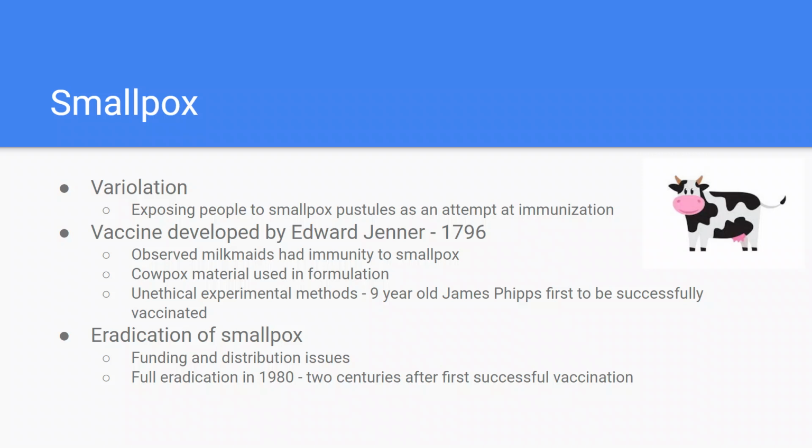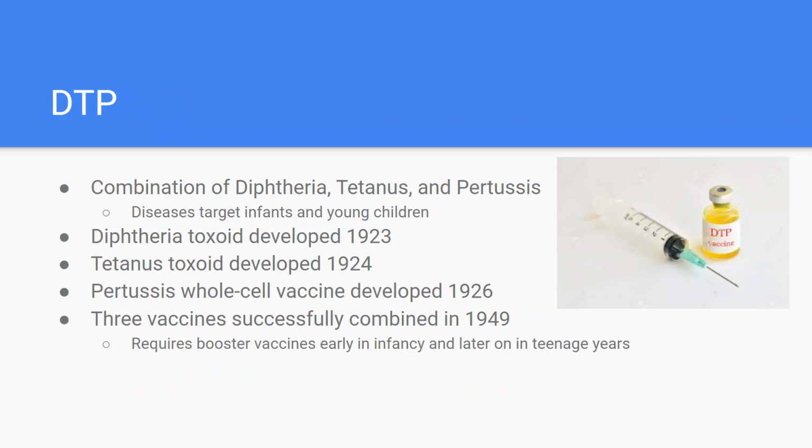Moving on to DTP, this is a combination of diphtheria, tetanus, and pertussis. Now, these diseases largely target infants and young children. The diphtheria toxoid was developed in 1923. Toxoid is a certain form of vaccine.